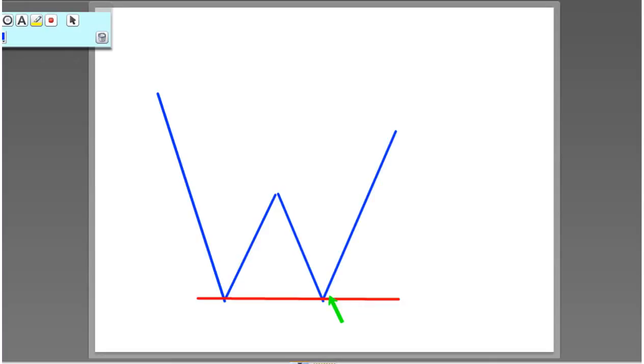And as that right side of the W starts to unfold and make its break above the breakout line, I'll usually put in the other two thirds of the position.